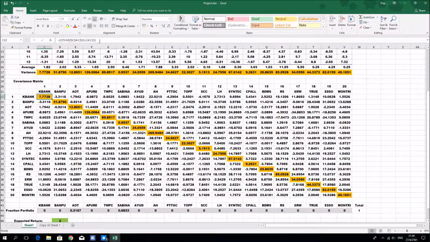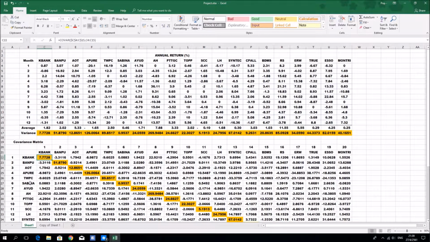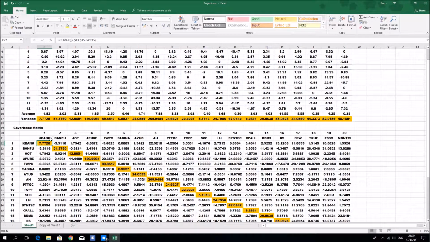here's the formula, and the first array will be the data of the stock of the left column, which is KBank right here, and for the second array we look at the top row of the table, which is the stocks here, and it's KBank.